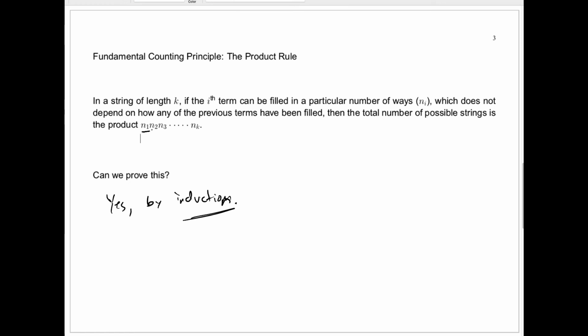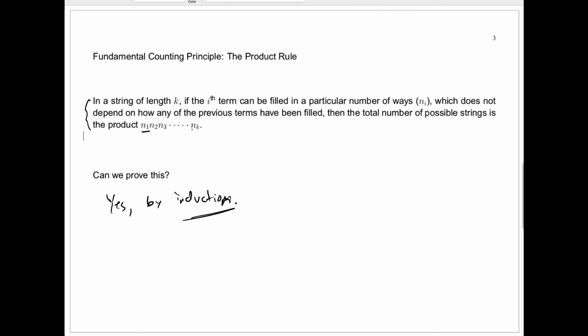Then you want to do the induction step, which works like this. Let k be arbitrary, some number greater than or equal to 1, and assume that this statement we've written here, the product rule, holds for that value of k. So assume that's true. Now try to show that it holds for k plus 1.